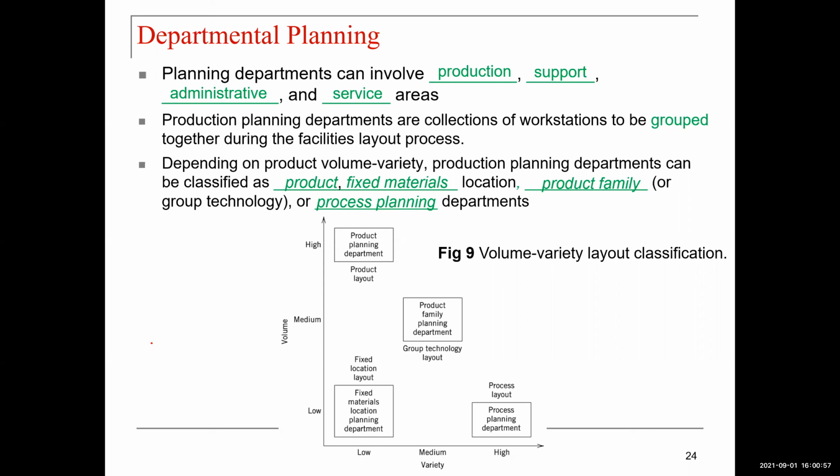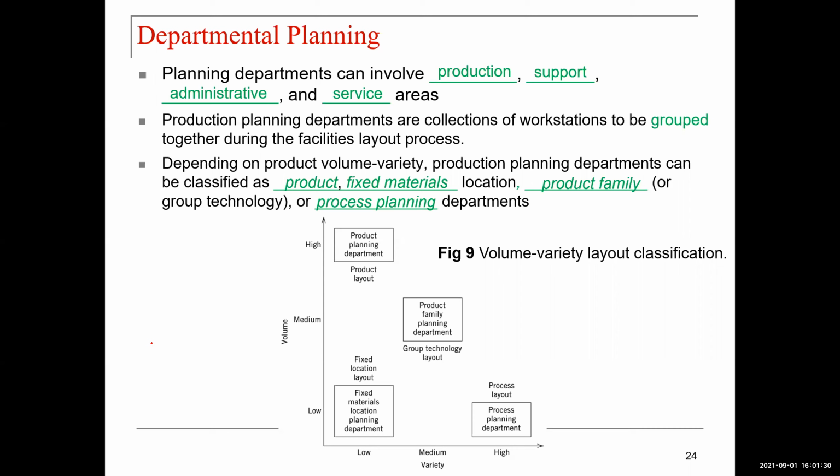And what's the difference between them? We can observe the difference here in figure number 9. It will depend on the volume and variety of your production process. So for example, if you have a very low variety of products and a very low volume of products, let's say you are manufacturing a boat or a cruise ship, right?